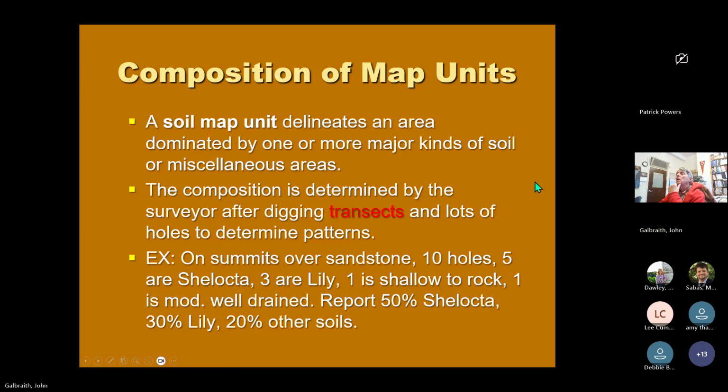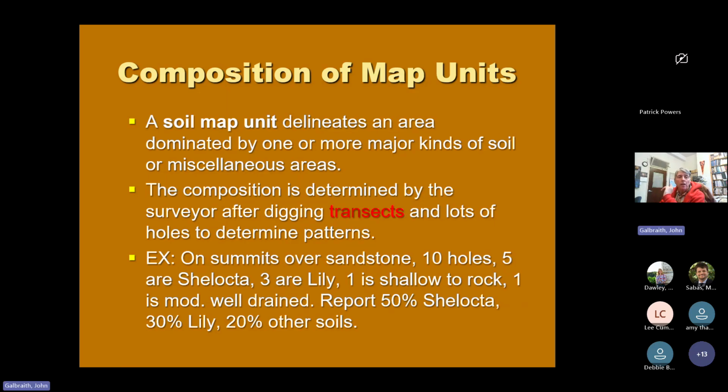Okay, so a soil map unit would delineate areas dominated by one or two or even three kinds of soils. And so in farm fields, we love it when the soil is really uniform and we can just name one soil, like, let's say, Packlet.